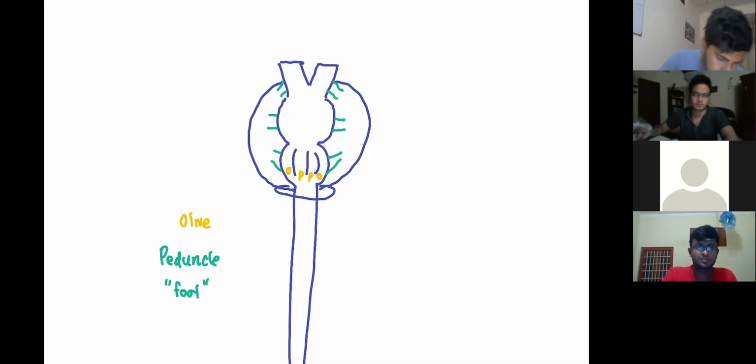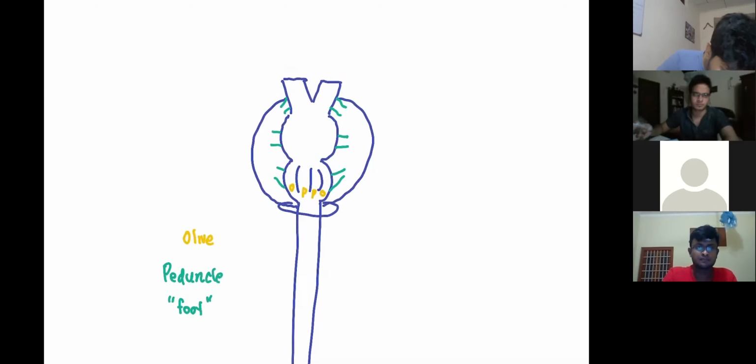You can label this as the superior cerebellar peduncle, the middle cerebellar peduncle, and the inferior cerebellar peduncle. Then there are sulci, which separate these three into three areas.